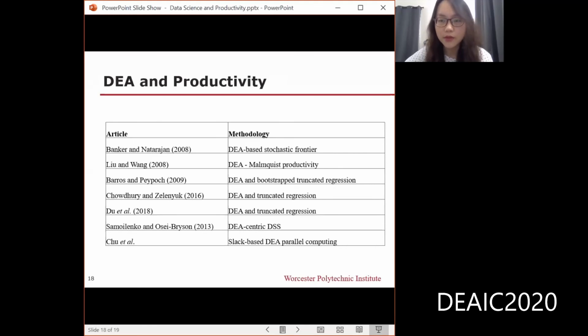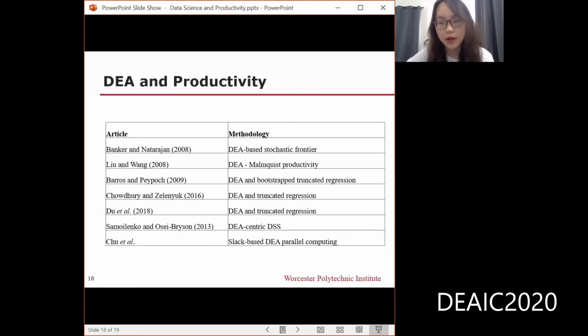Barrows and Papak, 2009, evaluated the operational performance of European airline companies using DEA and bootstrap truncated regression. Chowdhury and Zelenyuk, 2016, analyzed hospital service productivity using DEA and truncated regression estimation.